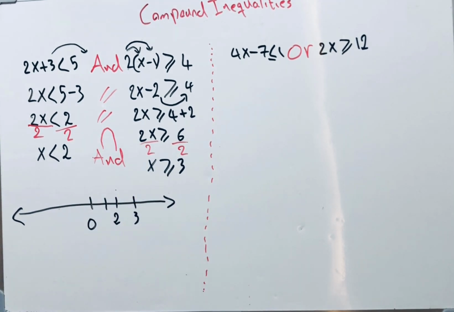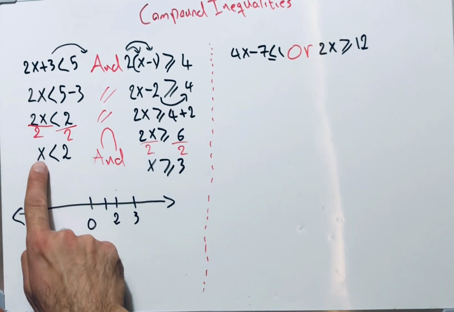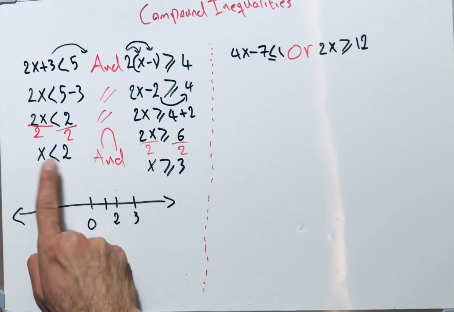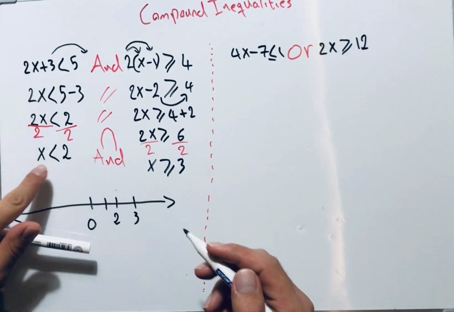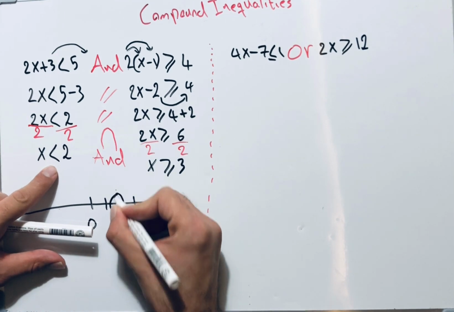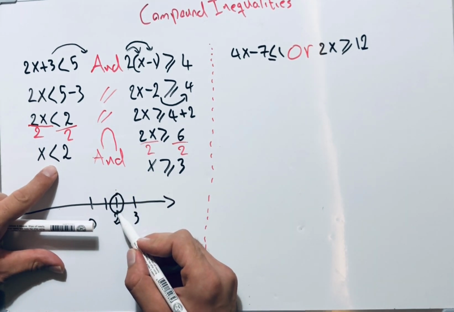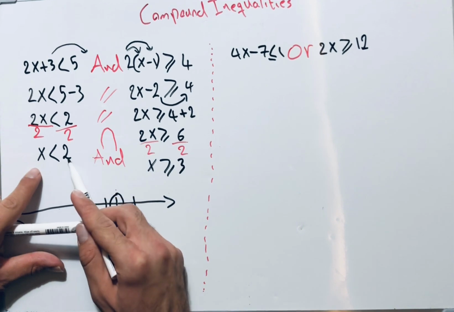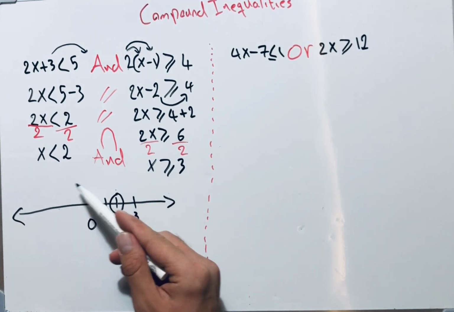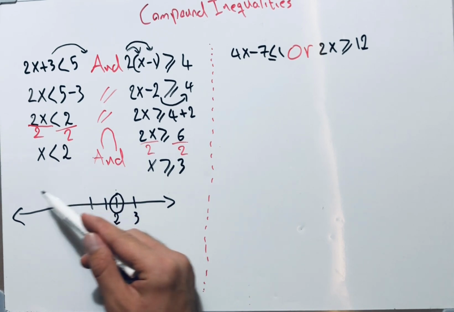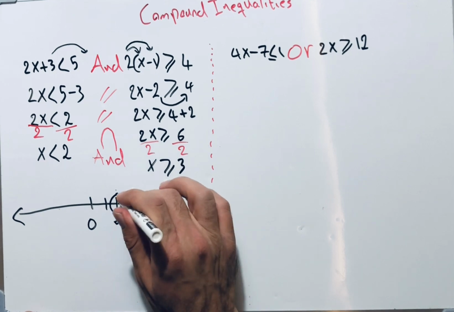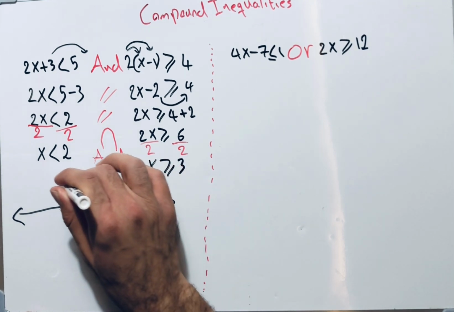The first one says we're going to use every value that is smaller than 2. It doesn't have an equal sign, so we leave the circle empty. So x is smaller than 2, and if you keep going to the left side, values are going to be smaller every time, so we go to the left like this.